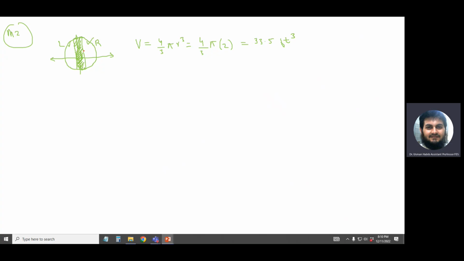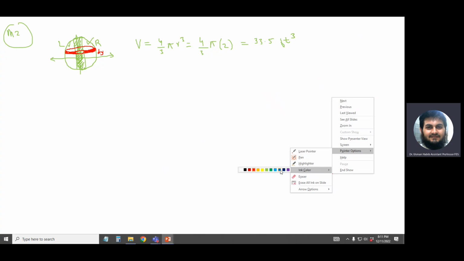You can see that there's a washer here, solid with an empty middle. We place the washers, and the distance between one washer and another in terms of the y-axis is very small, like dy. From the washer method, you can solve it, but I'm going to go with the cylindrical shells method because it is much easier to solve and very straightforward.